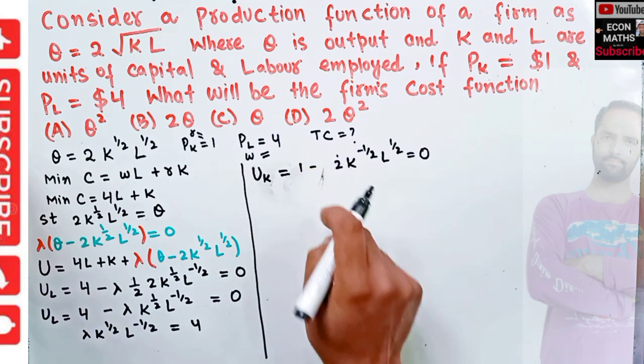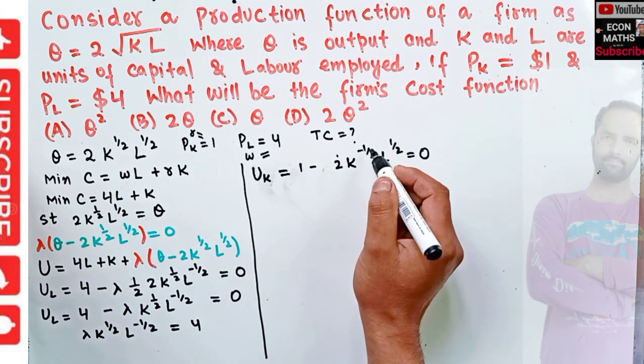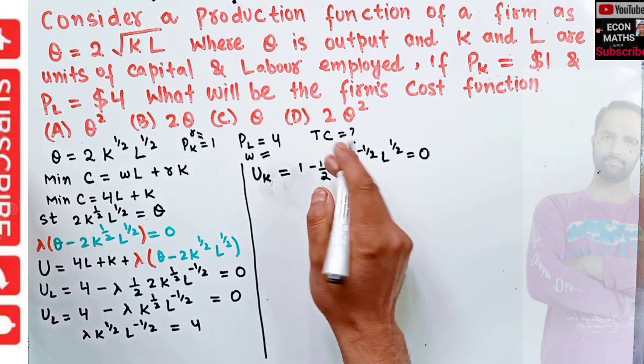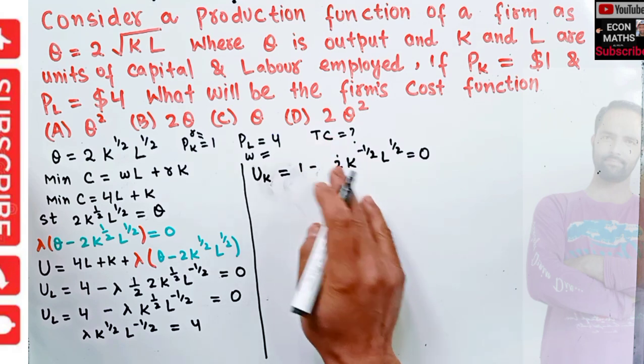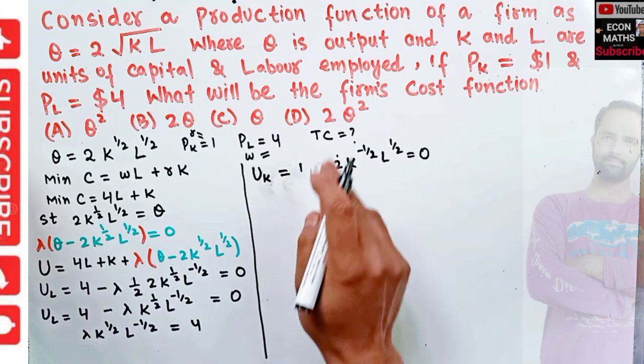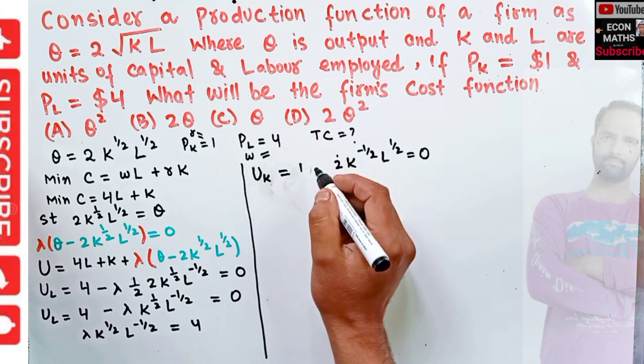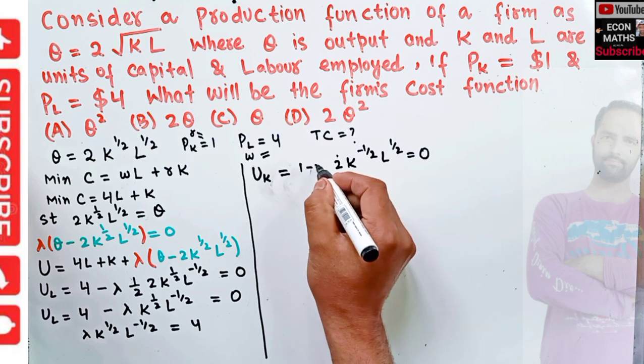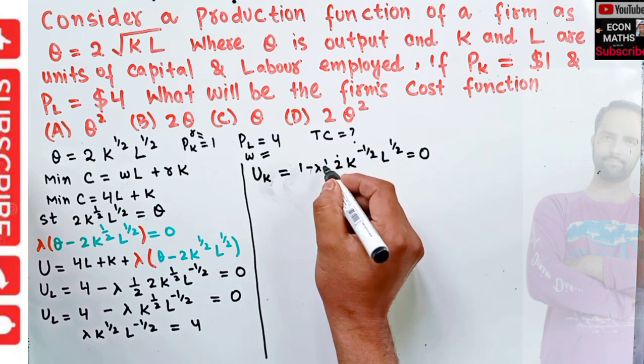We forgot to write it here. First the exponent becomes the coefficient, we have 1 upon 2 here, so we have 1 minus lambda and this 1 upon 2.